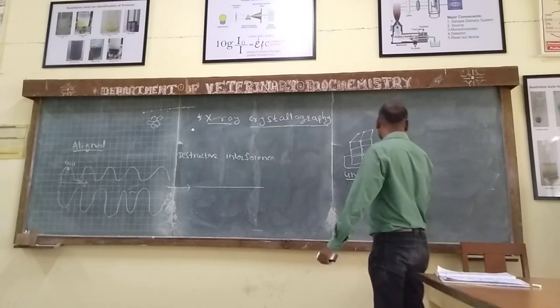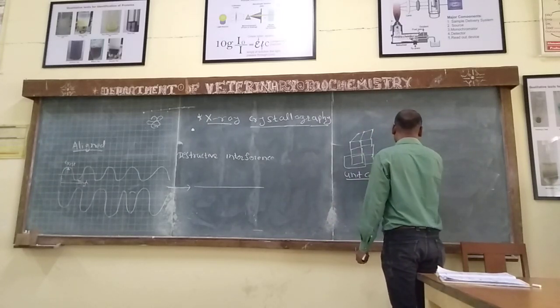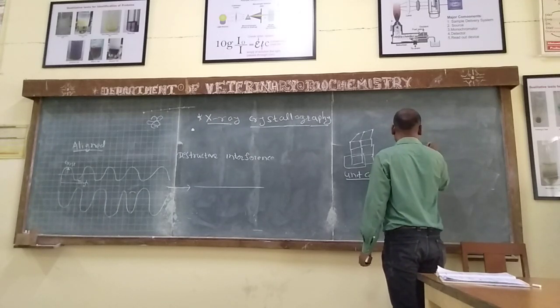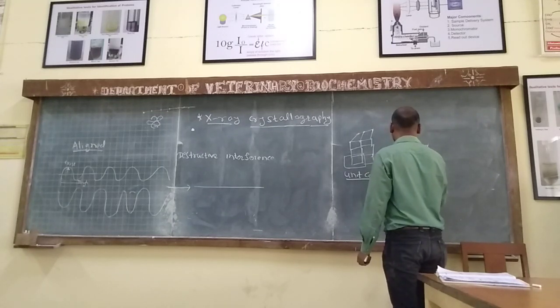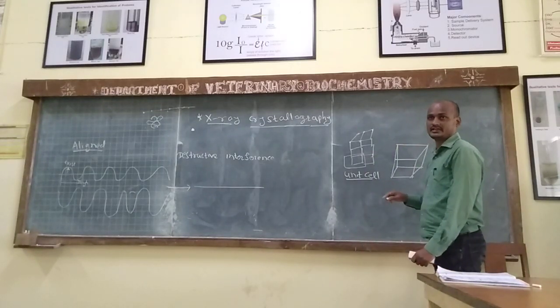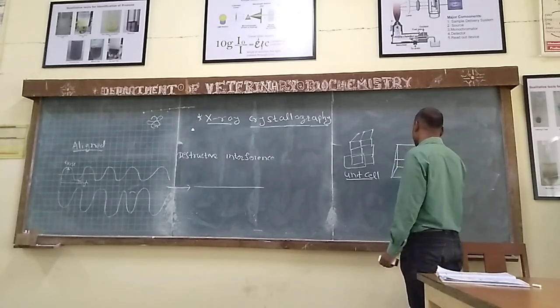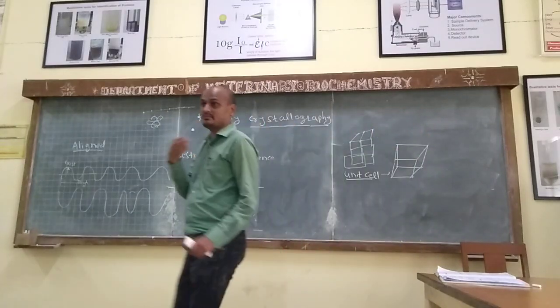If you zoom it in, it will look like this. It looks like a box shape. Okay, it has a dimension, so it will look like a box shape. So we call it a unit cell. So it has a dimension.